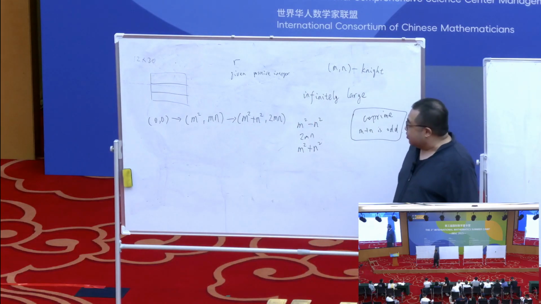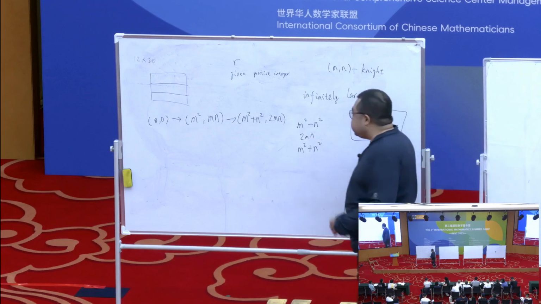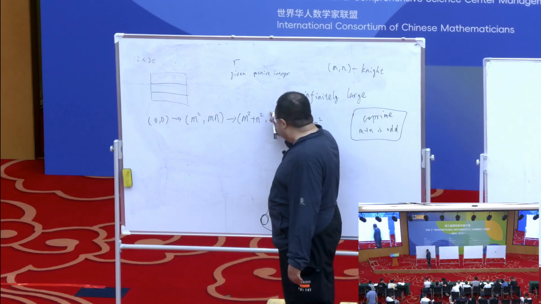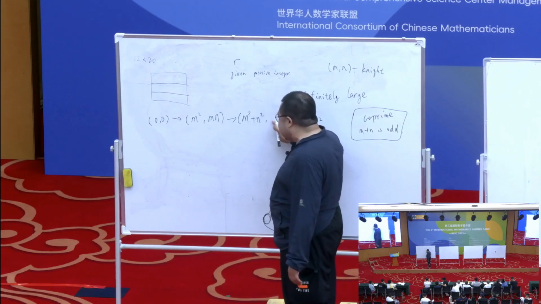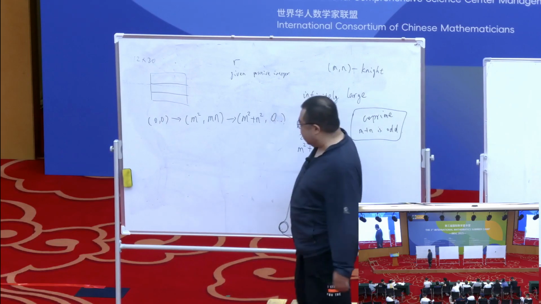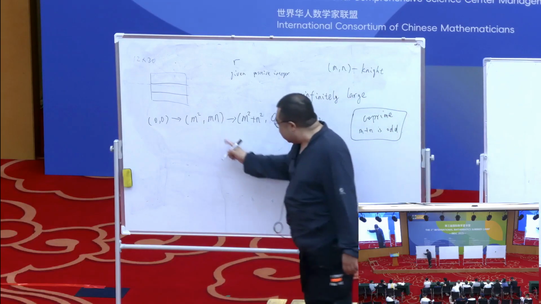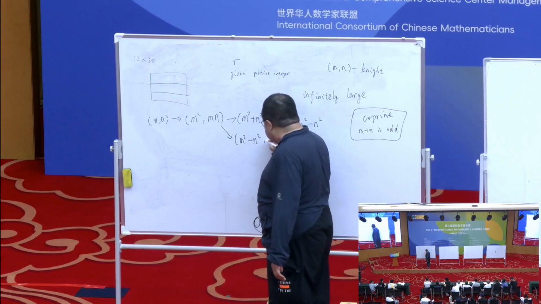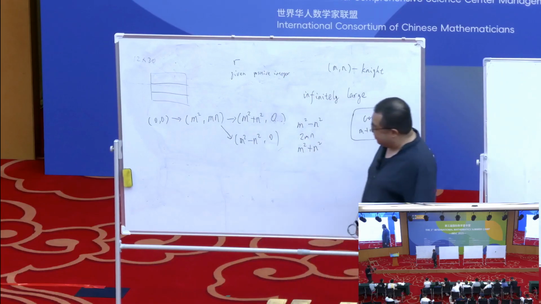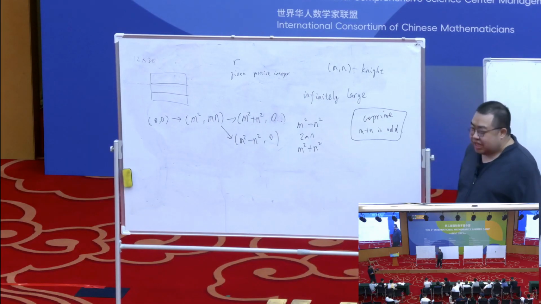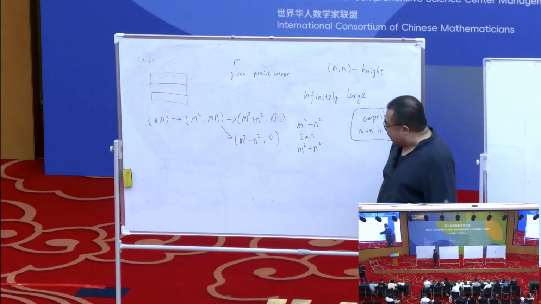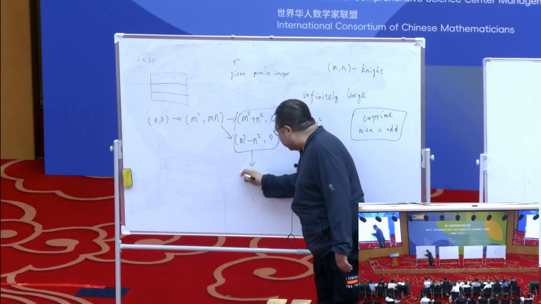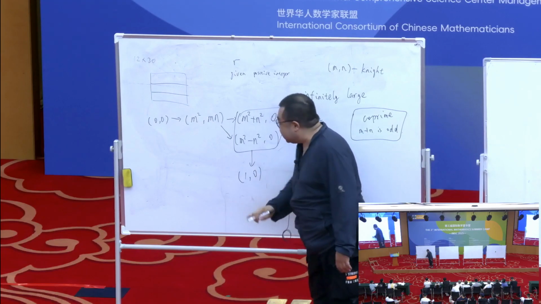We can also change this to 0, right? But we can also reach M squared minus N squared, 0. So, since these numbers are coprime, with these moves, we can reach 1, 0.